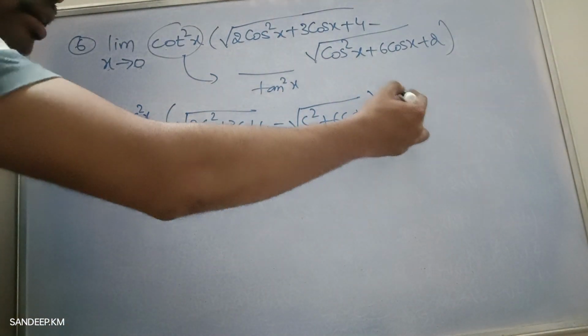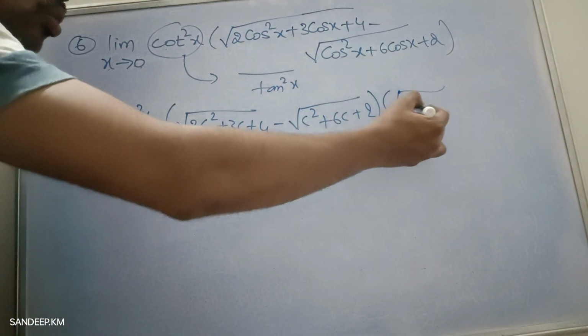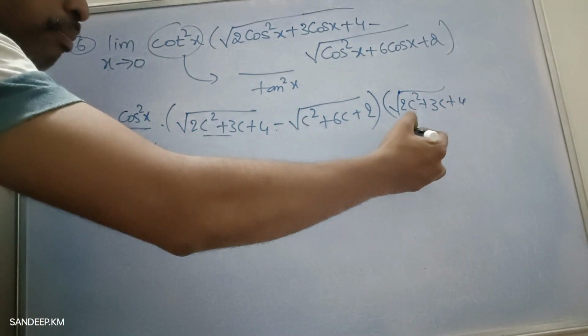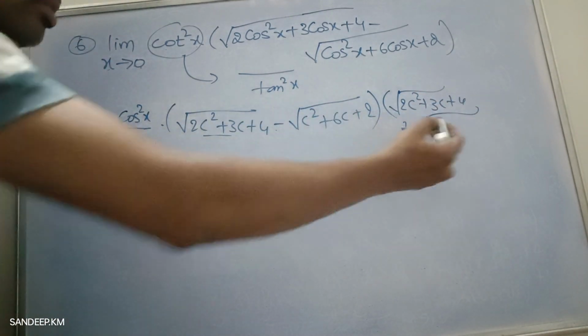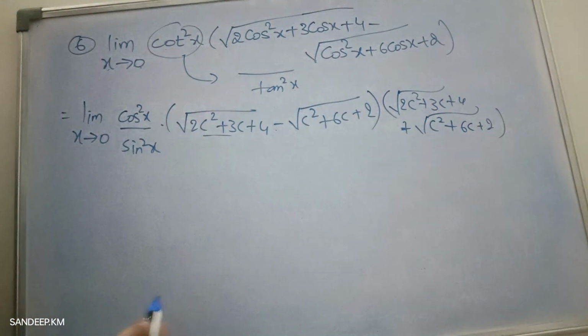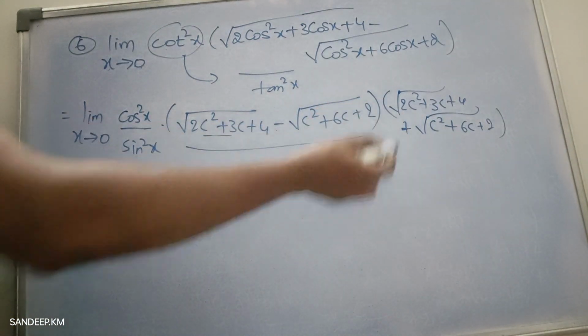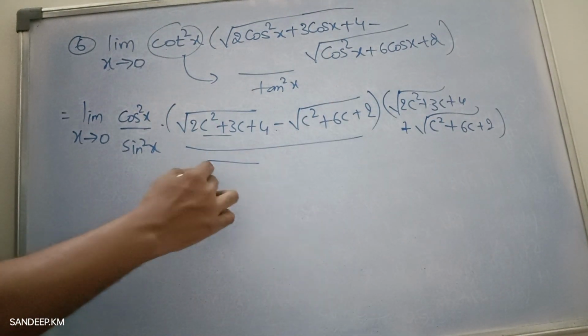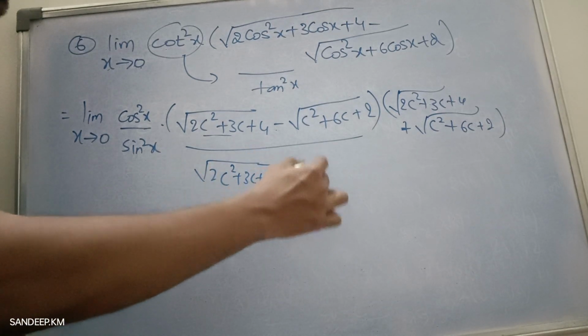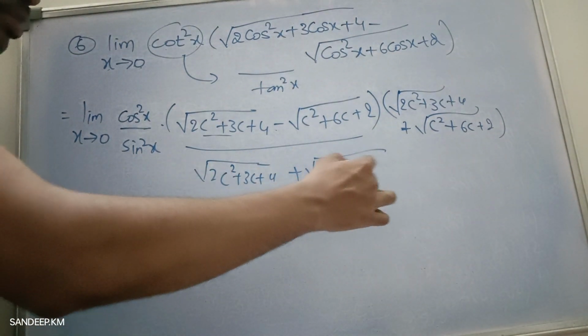What is it, dear students? Under root, the same thing, 2c square plus 3c plus 4. Instead of minus, we will take plus under root of c square plus 6c plus 2. And also in the denominator, if you multiply in the numerator, you should also multiply with the same thing: under root of 2c square plus 3c plus 4 plus under root of c square plus 6c plus 2.